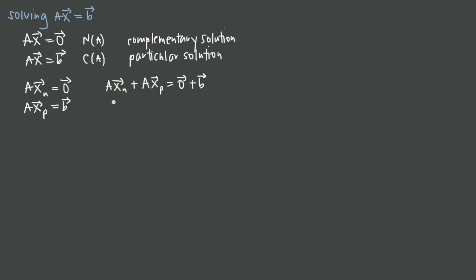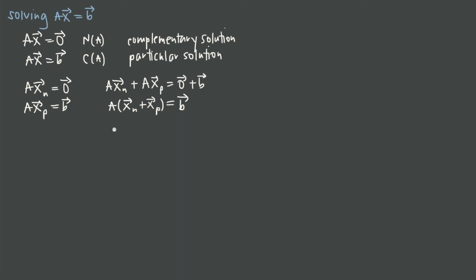So by the distributive property, we can pull out the matrix A and say A times the vector x_n plus x_p is equal to, and on the right-hand side, we know that adding the 0 vector to any other vector doesn't change its value. So this is the same as just saying the vector b.